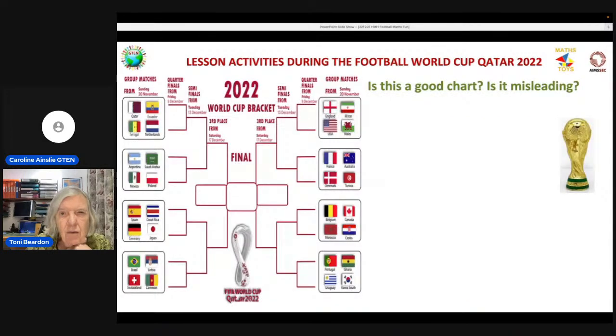And this diagram might help, it might not. Is it a good chart? Doing maths, we use charts to illustrate, to convey information in a way that is perhaps easier than just reading text. The question is, is this a good chart?